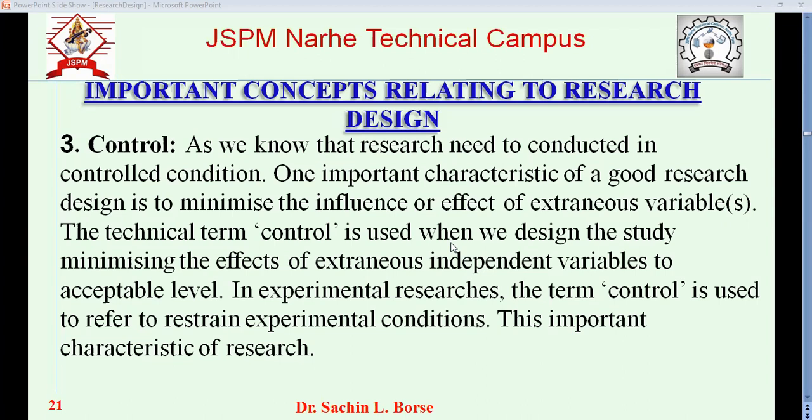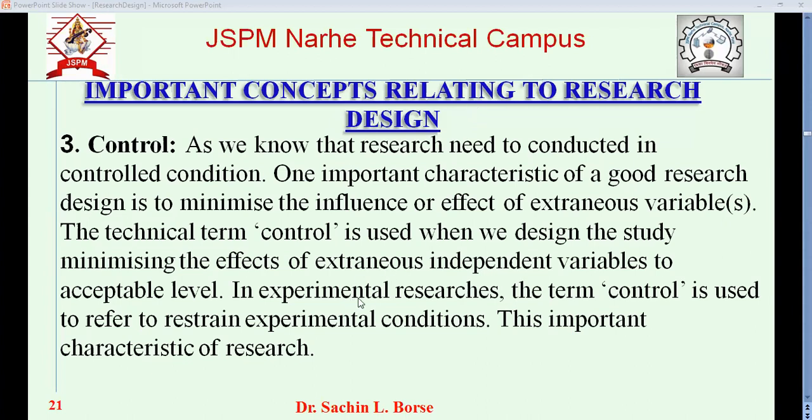Many times in science and engineering it is possible to control the extraneous variable, but it is not always possible. When it is not possible, we cannot completely control it and make it zero effect, but we can minimize it to an acceptable condition.